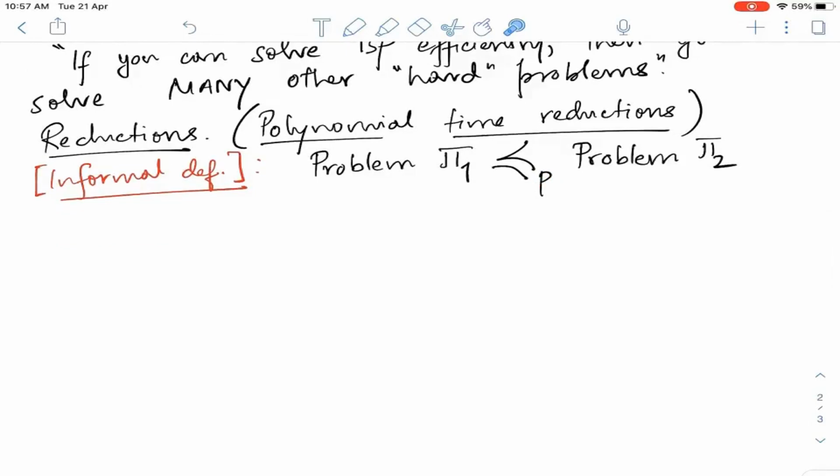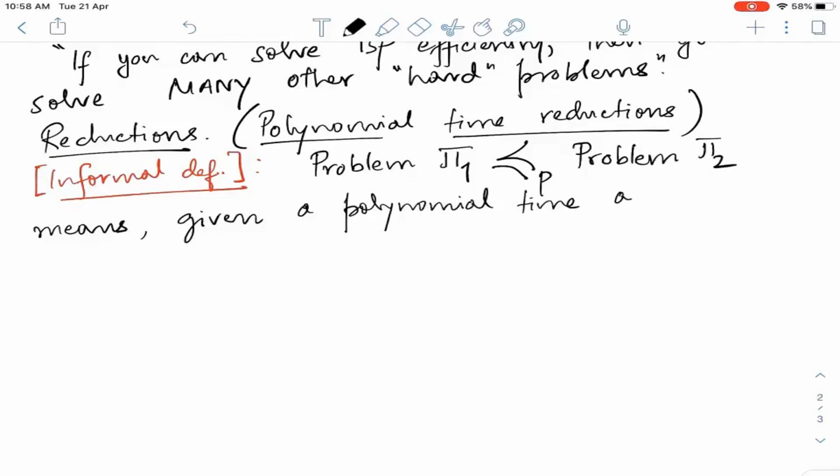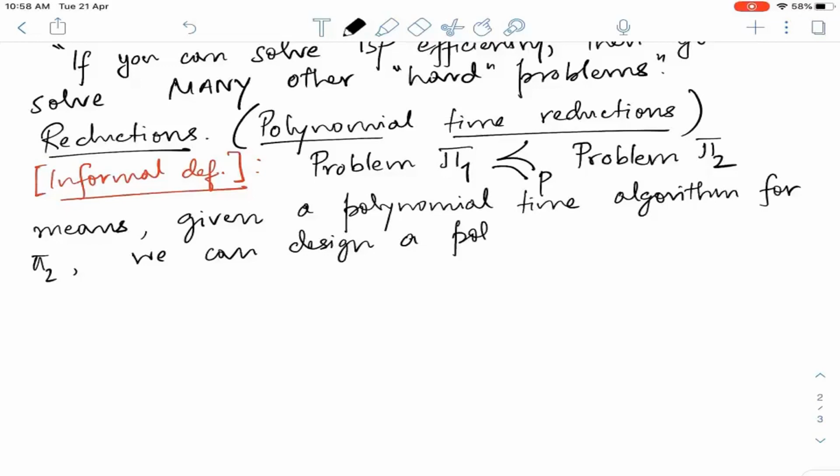So this means, given a polynomial time algorithm for pi 2, we can design a polytime algorithm for pi 1.